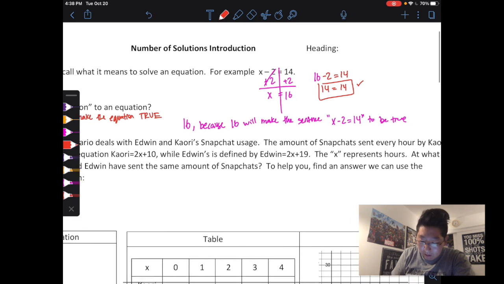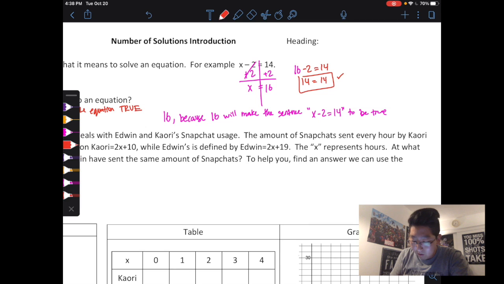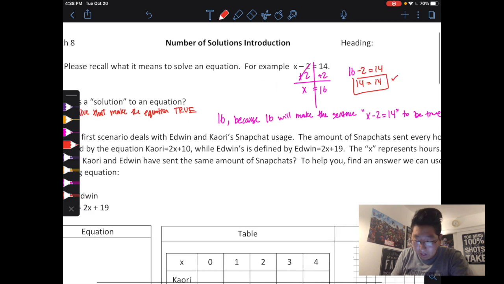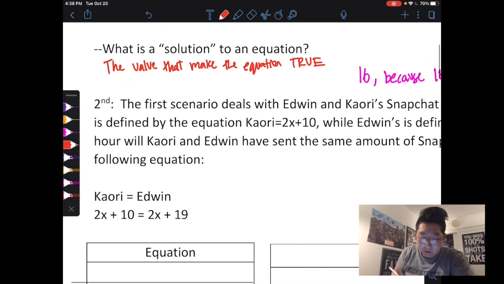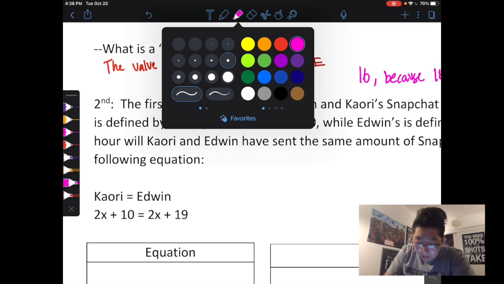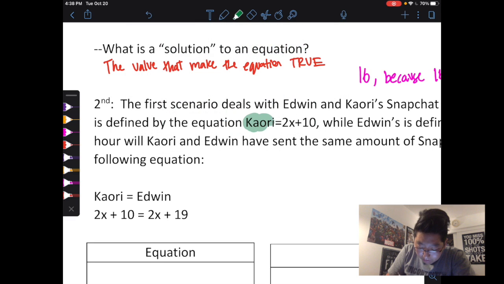So the amount of Snapchats sent each hour by Coyote is defined by the equation Coyote equals 2x plus 10. So I'm going to go ahead and just highlight Coyote in green just because I feel like it. And that way I can come back and I know that this is going to be important. All right?